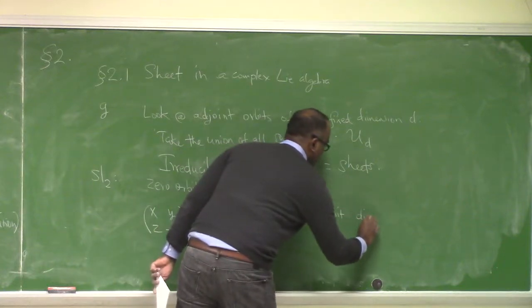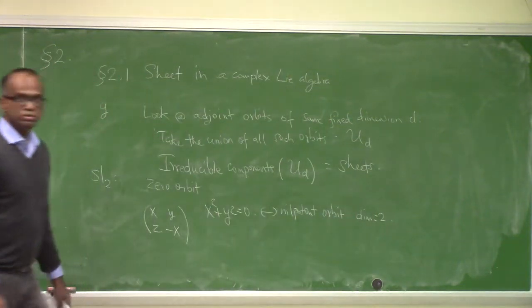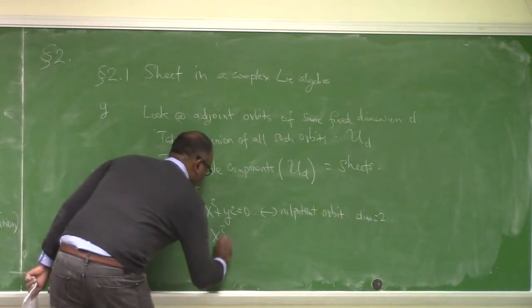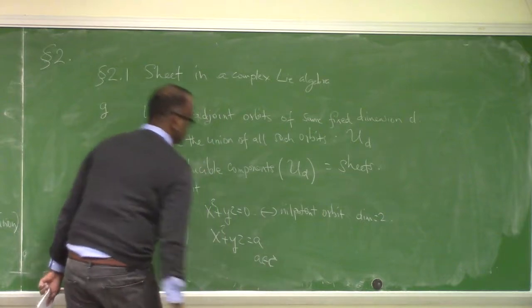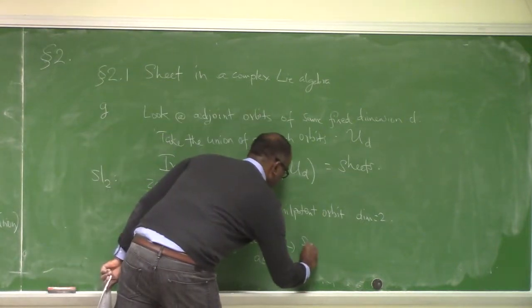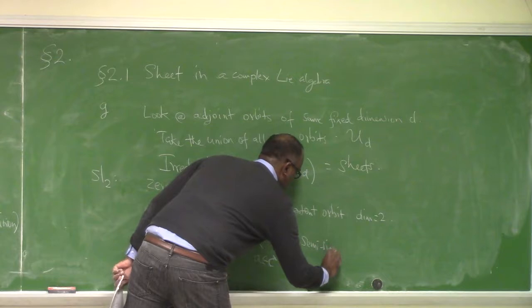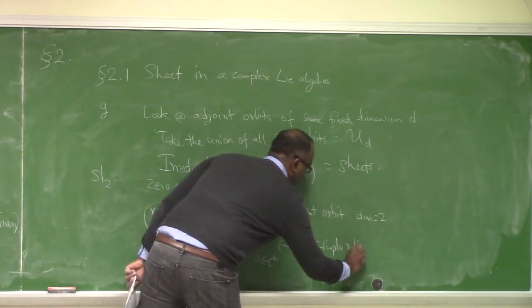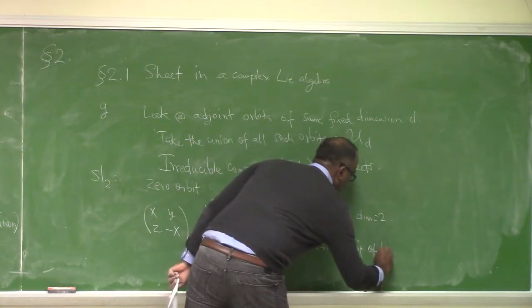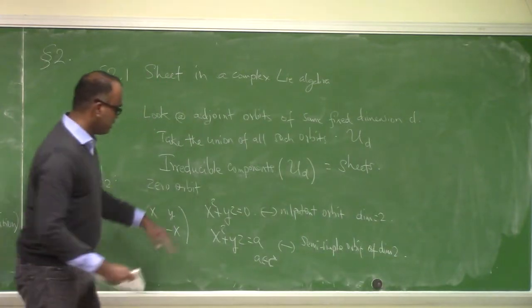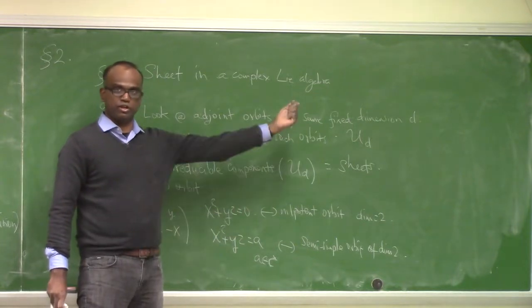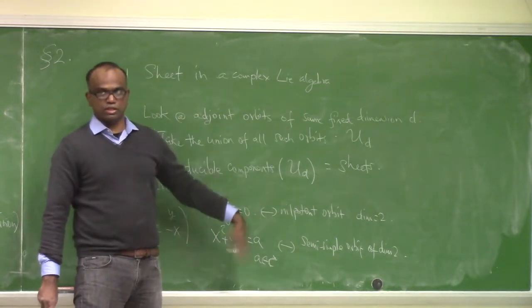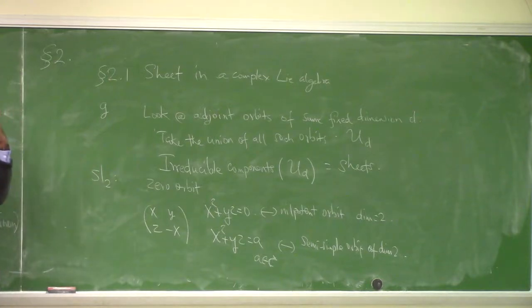It has complex dimension 2. You could also have a semi-simple orbit where A is some C star element. That corresponds to, again, a semi-simple orbit of dimension 2. So you take the union of the nilpotent orbit and all the semi-simple orbits, there is an infinite number of them, that gives you a sheet. That's the only non-trivial sheet in SL2. So you can do something similar for all the other Lie algebras.